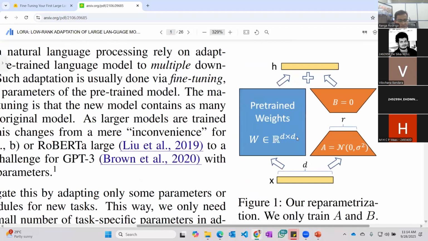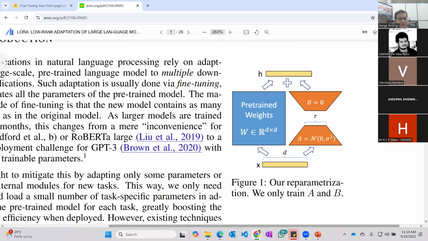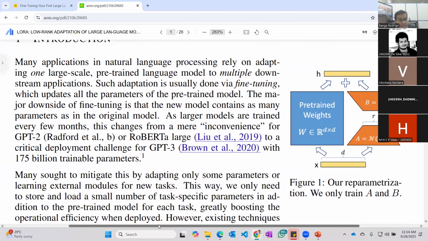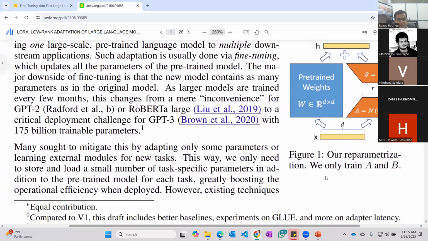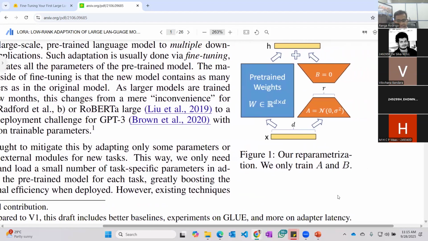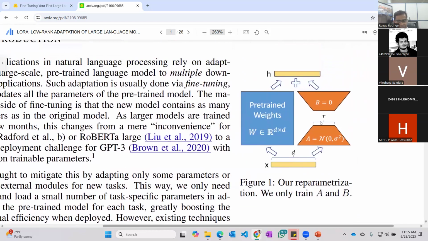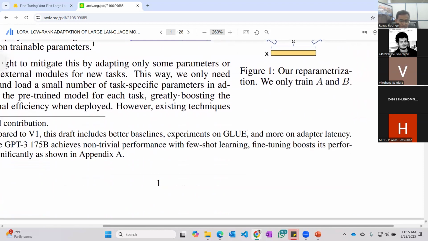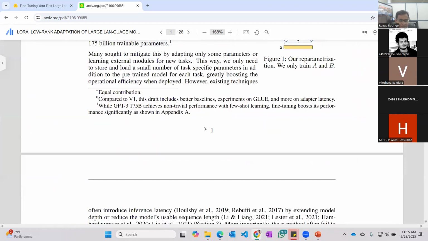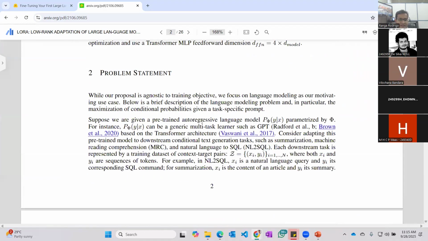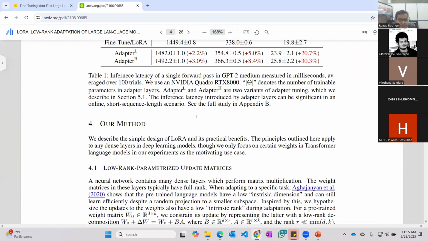Those matrices are usually large, not extremely large, but large. So what these people do is, rather than changing the values of all these weights, which is called fine tuning, they decompose that into a product of two matrices, A and B. This is called low rank decomposition. I think you understand what happens there.